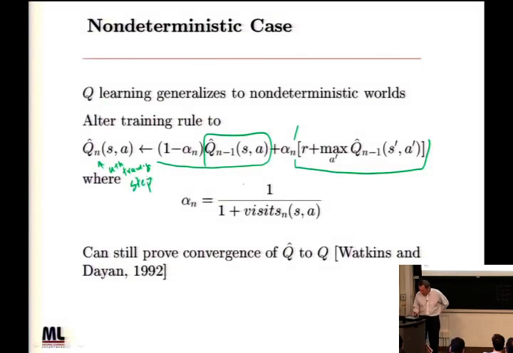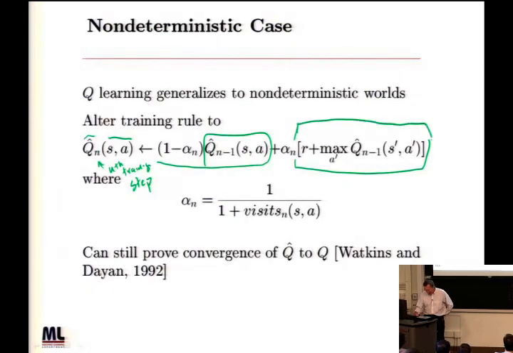Our old rule was essentially on the nth training step, make the Q value for state action pair SA the observed reward plus the maximum over next states, which you get here. Now we want to actually blend that using blending coefficient alpha, which is between 0 and 1, with the value we already thought we had.